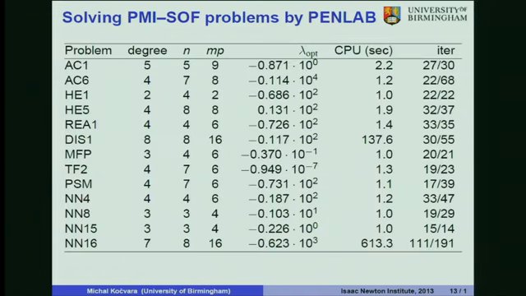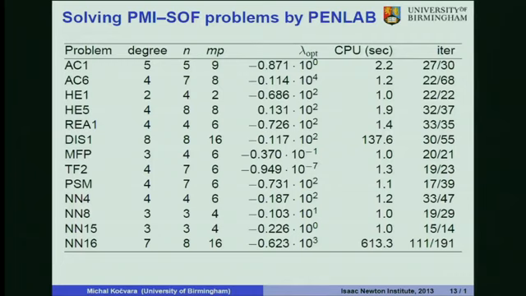And here that's the same set of examples from the COMPleib library, and you see the size of the problem. It's now small because we don't have the big matrix anymore, but now we have the polynomial matrix inequality. So this is the corresponding degree of polynomial for those particular problems.